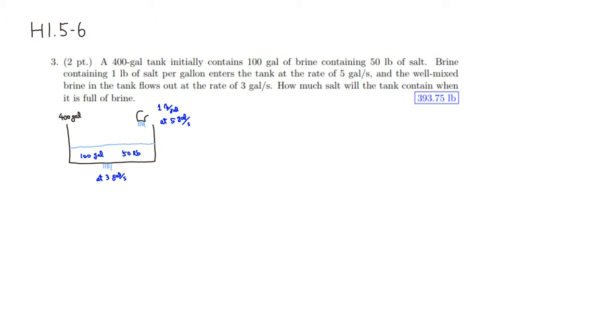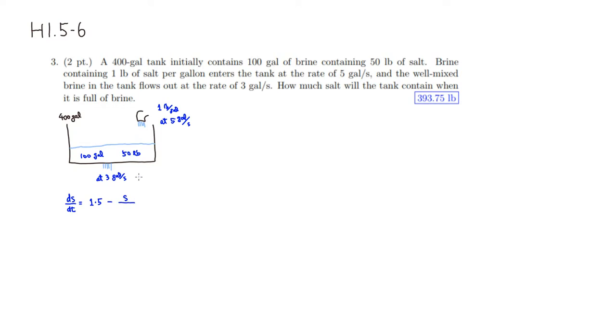So let's set up a differential equation. We are looking at the rate of change of salt with respect to time. The rate in would be 1 pound per gallon times 5 gallons per second, so 1 times 5 pounds per second. Then minus the rate out. The concentration is the amount of salt at time t, S, over the amount of solution.